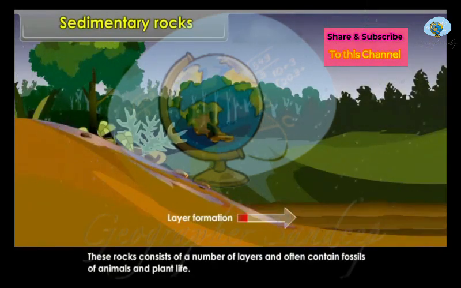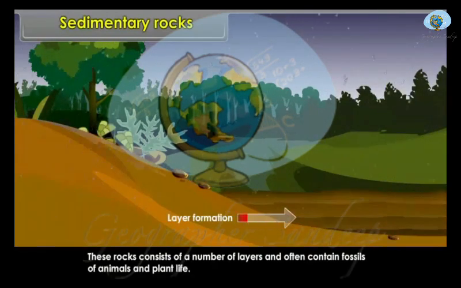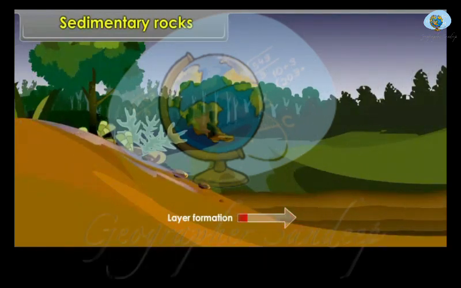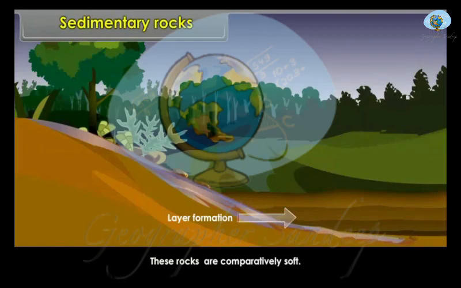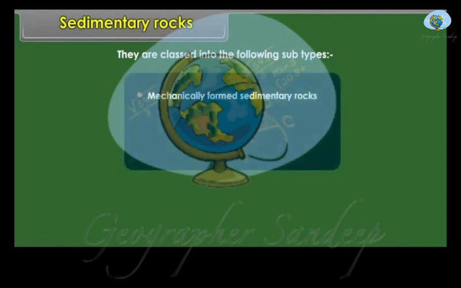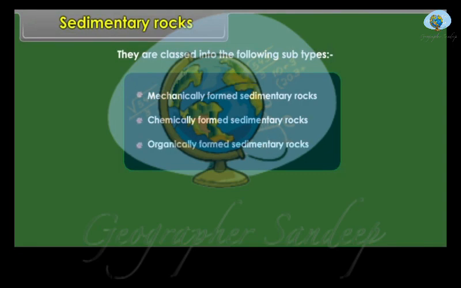These rocks consist of a number of layers and often contain fossils of animals and plant life. These rocks are comparatively soft. They are classed into the following subtypes: mechanically formed, chemically formed, and organically formed sedimentary rocks.